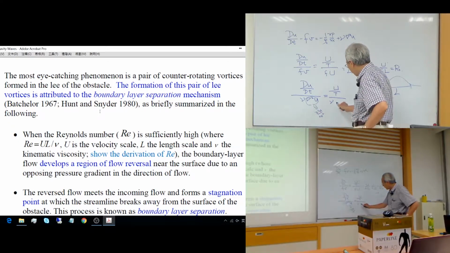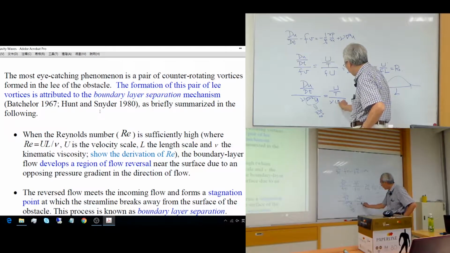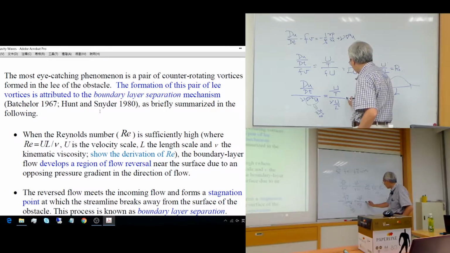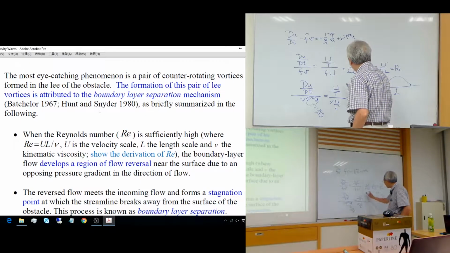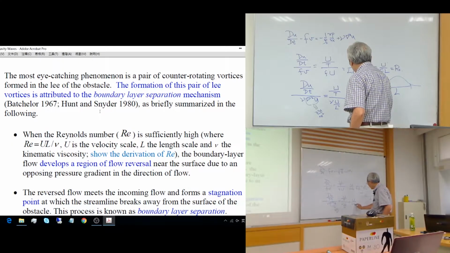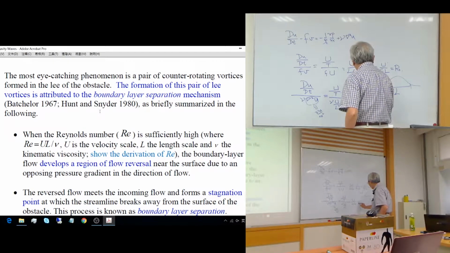So then you have U divided by L square. This equals U divided by the same thing, L divided by U, and then you have nu U and L square.